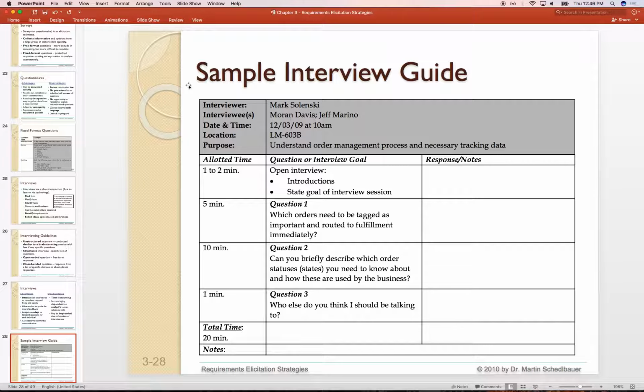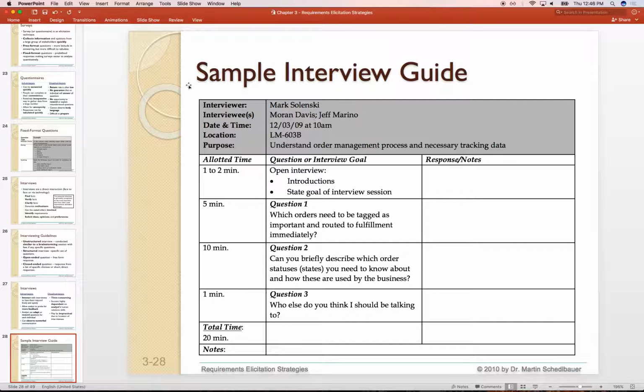Usually, the first two, three, four interviews are not as productive, but as they get into the groove, productivity increases. As they get more practice, they get more fluid and more personal with their interviewee.